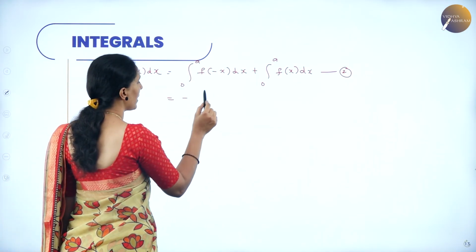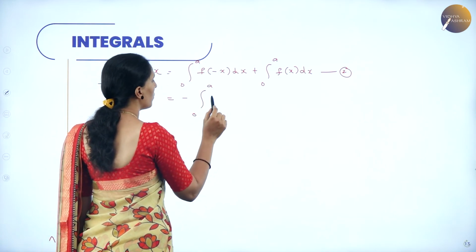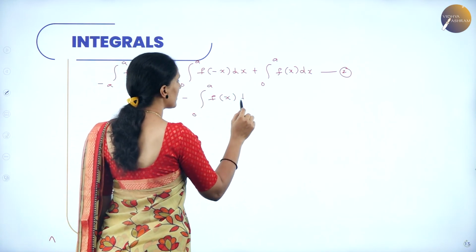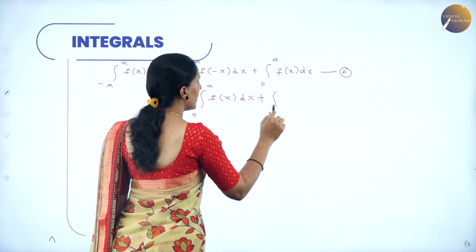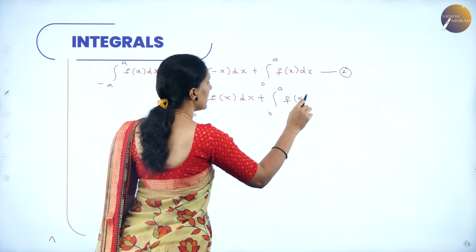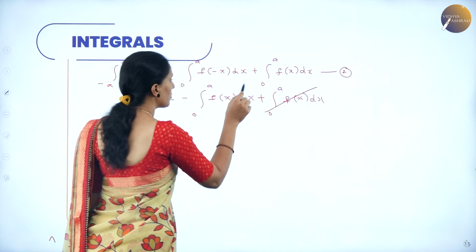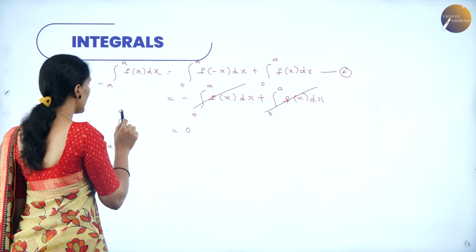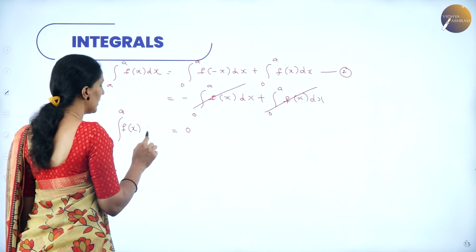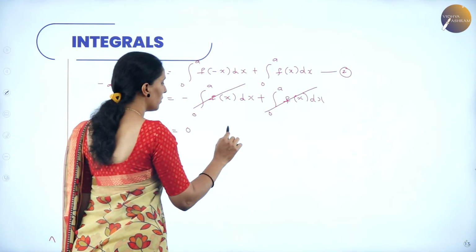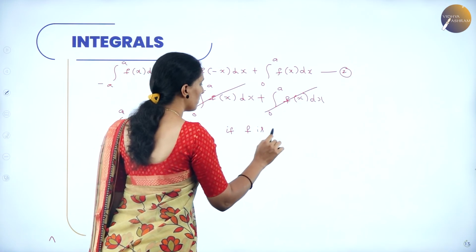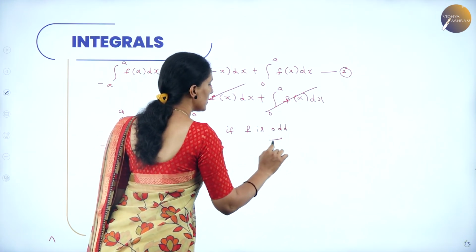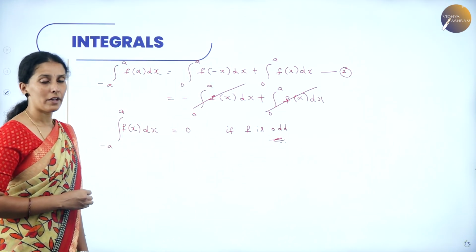Then it is minus 0 to a f of x dx plus 0 to a f of x dx. So both the terms cancel, so the value is 0. That is, integral minus a to a f of x dx is equal to 0 if f is odd. So thus this is the proof for the given property.